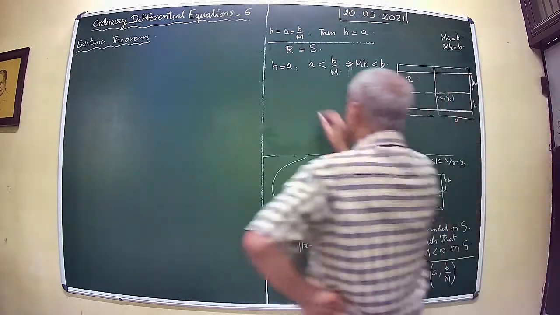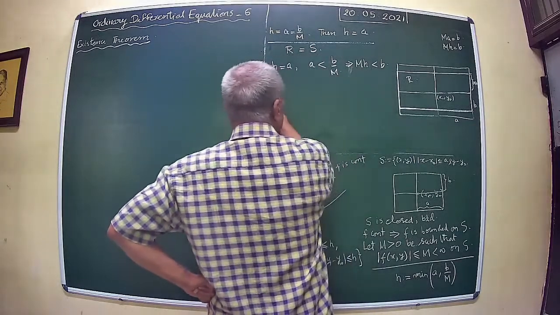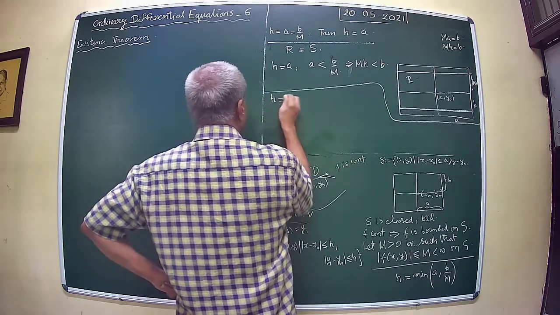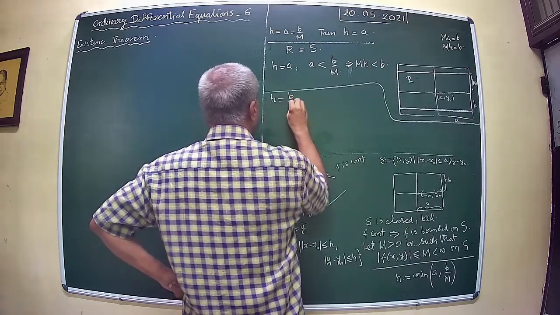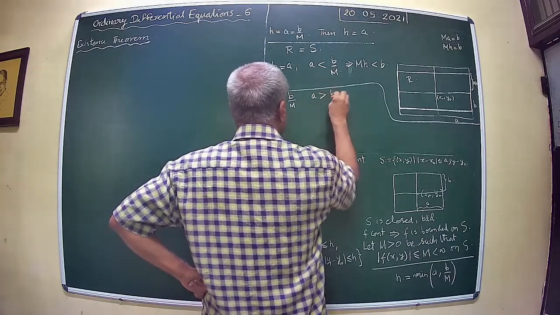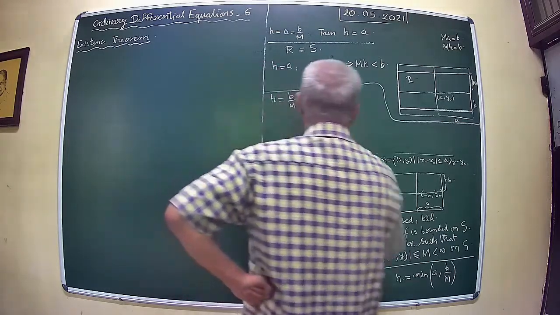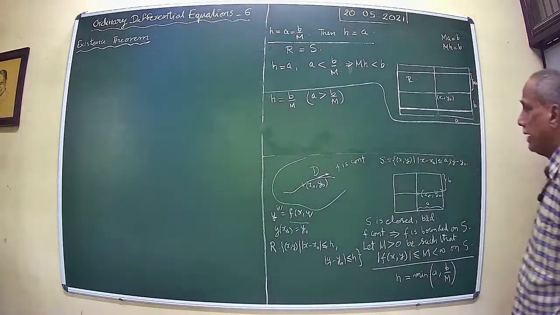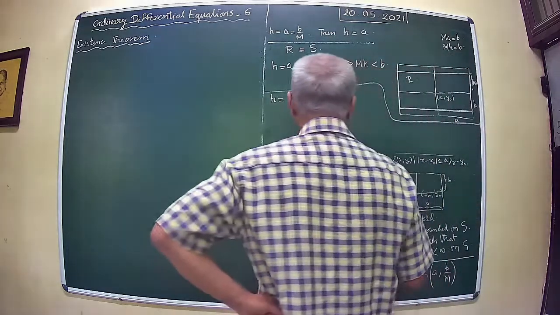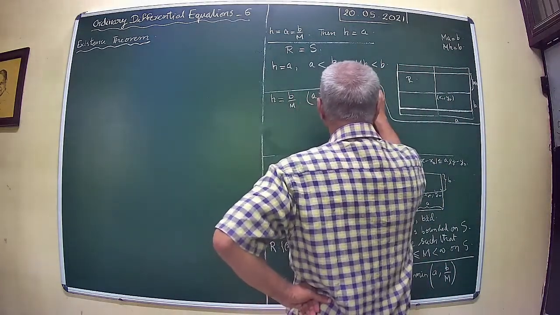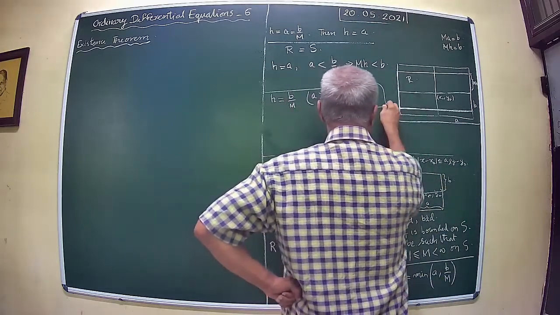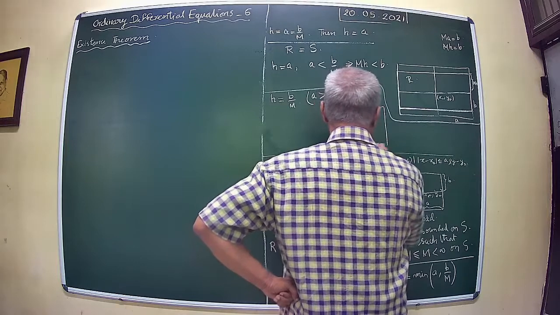Now the third scenario is this. h is equal to b by M, and a is greater than b by M. Therefore a is greater than h. In that case the rectangle R becomes the following.